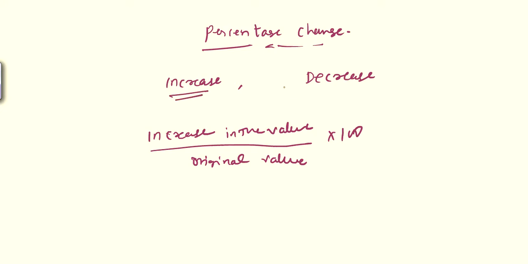The same is for decrease, only you have to write decrease in the value upon original value into 100. So if the quantity increases, the formula is increase in the value upon original value into 100. If the quantity decreases, then decrease in the value upon original value into 100.